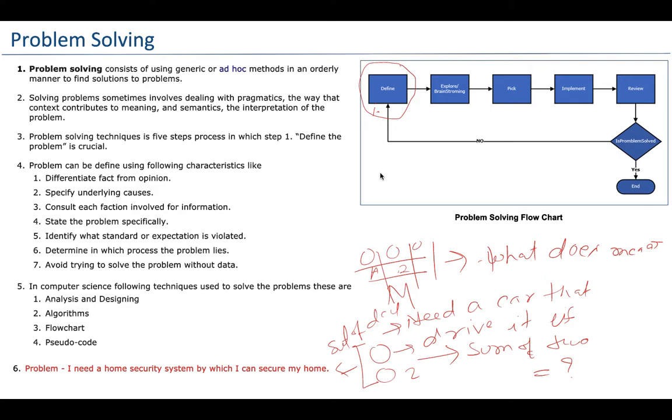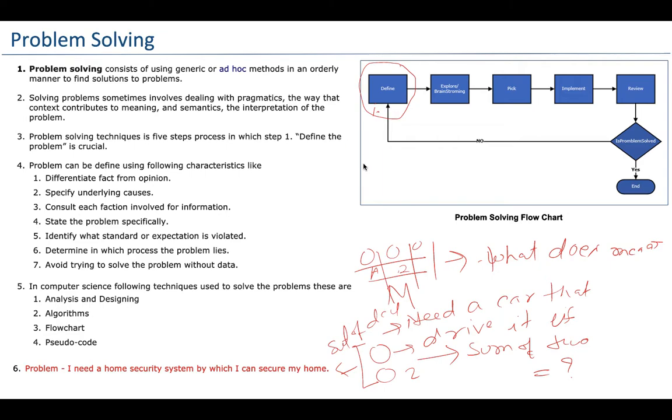Like if I ask you, as a software developer, to create a home security system by which I can secure my home, that means there is a requirement to be created, that a home security system in which the home should be secured from thieves, fire, and other mishaps, like a disaster recovery system and an alarming system. So all this should become the defined problem.